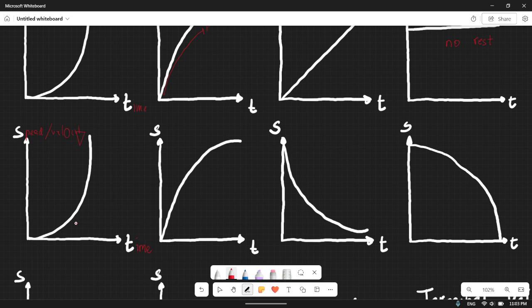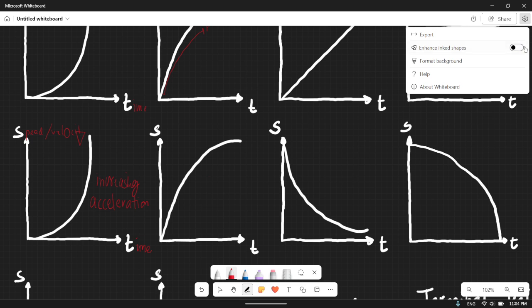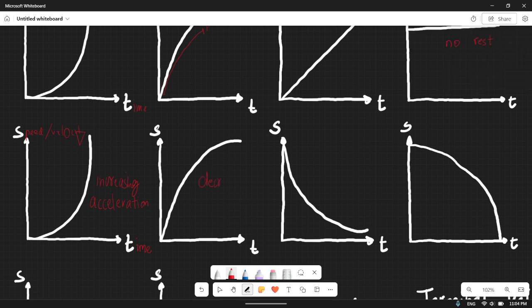Over here, this kind of graph will be called increasing acceleration, and this type of graph would be called decreasing acceleration. Now it's acceleration because we see that as time increases, velocity increases, or speed changes as it increases, right?